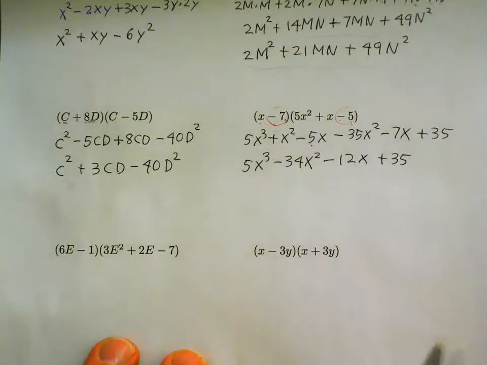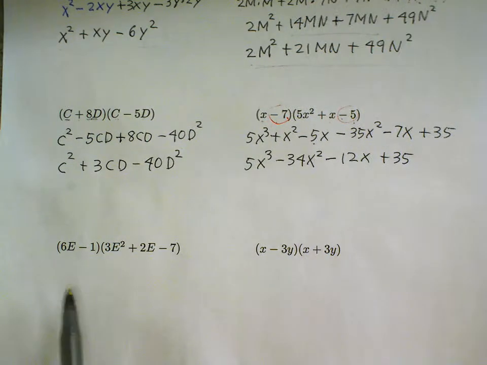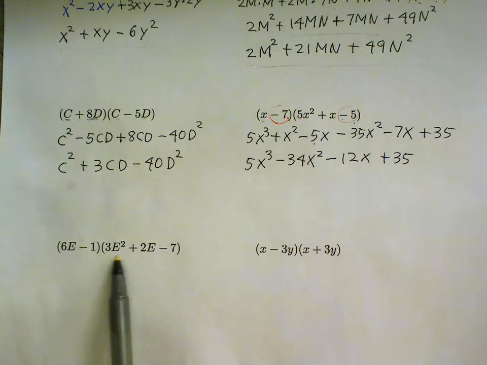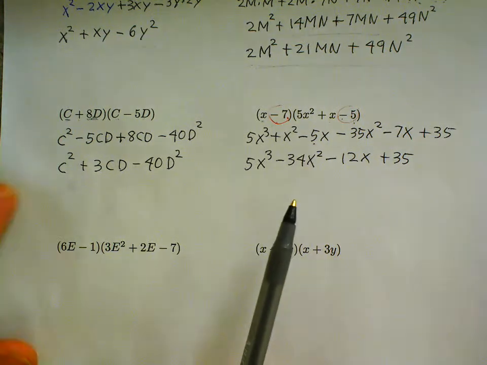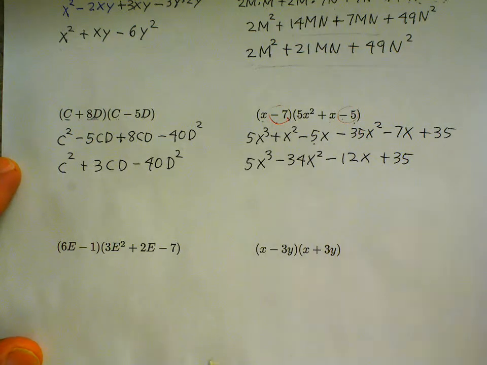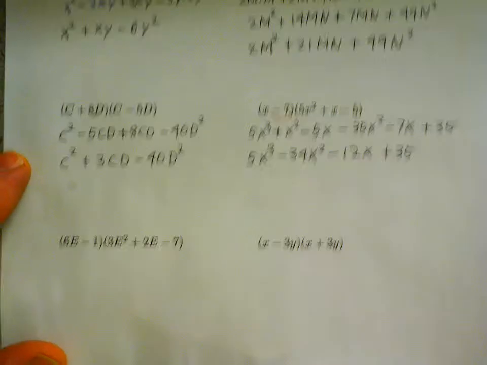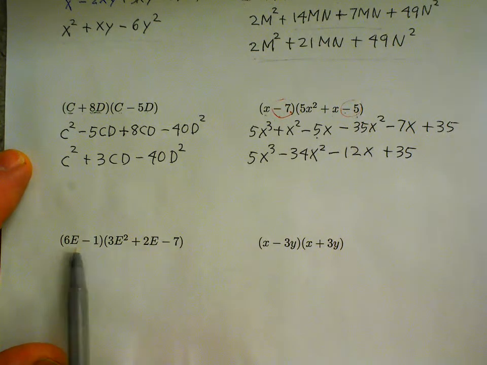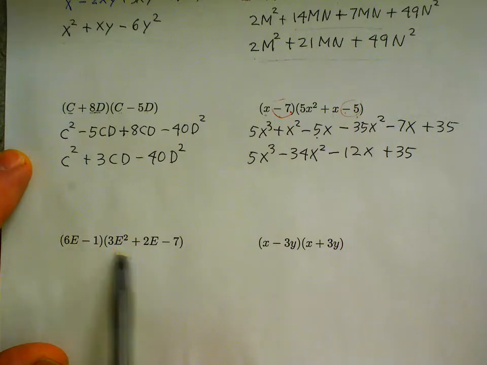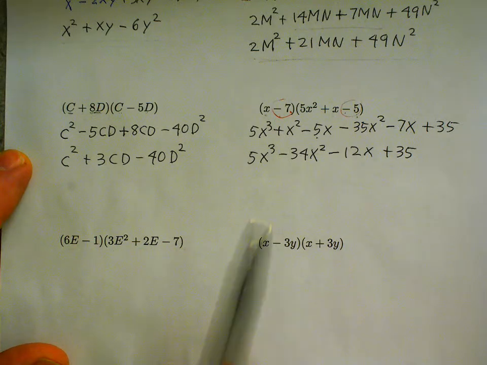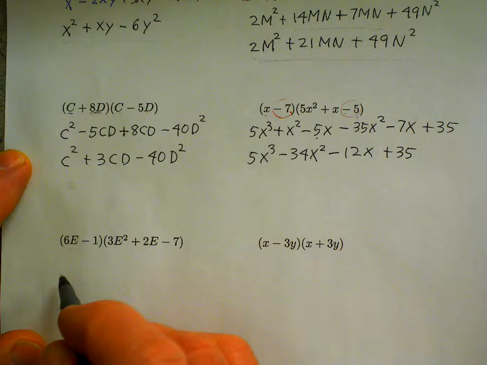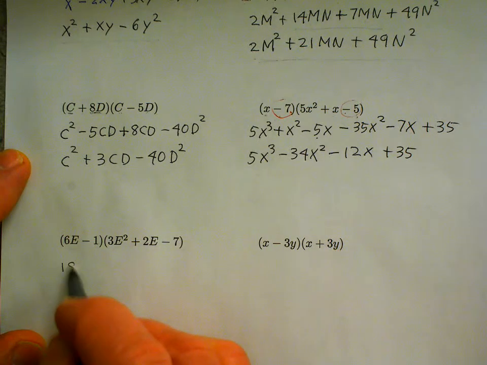Okay, we have another example where we multiply a binomial times a trinomial. Start with 6e, multiply 6e times each of the terms in the trinomial. So 6e times 3e to the second is 18e to the third.